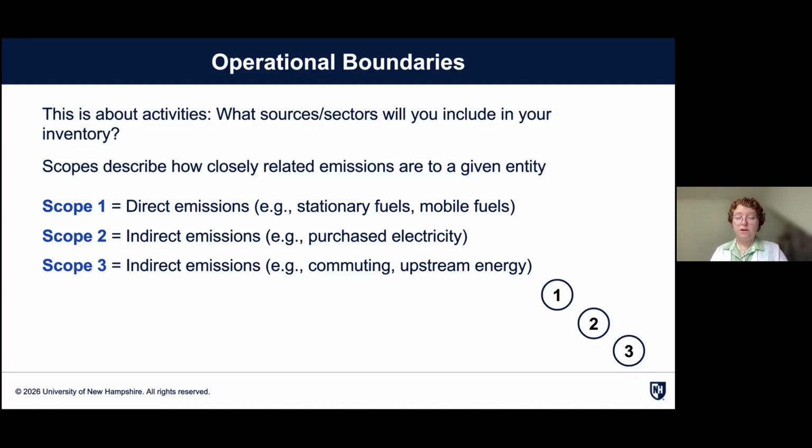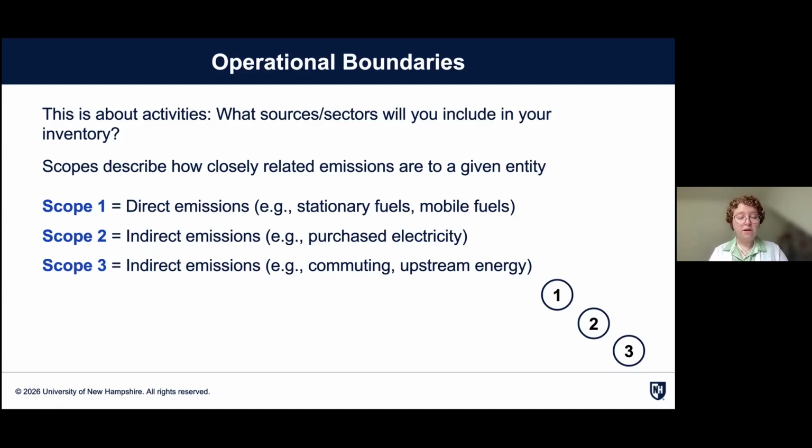Scope two is the indirect emissions associated with purchased electricity. While you technically aren't burning that electricity on your campus, on grounds you own, when you turn on that light switch or that AC, that demand is being created at the utility. So that's why it's indirect, but you tend to have more control over it because you have control of the demand used.